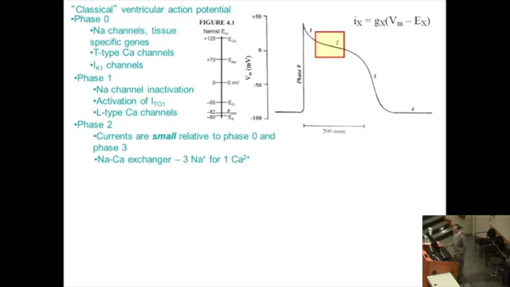And so both the L-type calcium channel current, which is bringing in positive charge in the form of calcium, and the sodium-calcium exchanger, which is bringing in an extra sodium, are bringing your voltage up, okay? And they tend to want to make your voltage more positive at this point, okay?